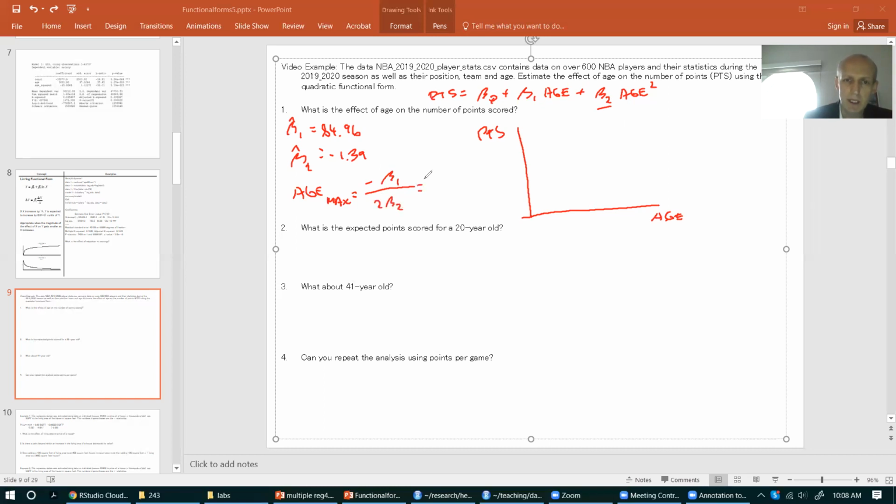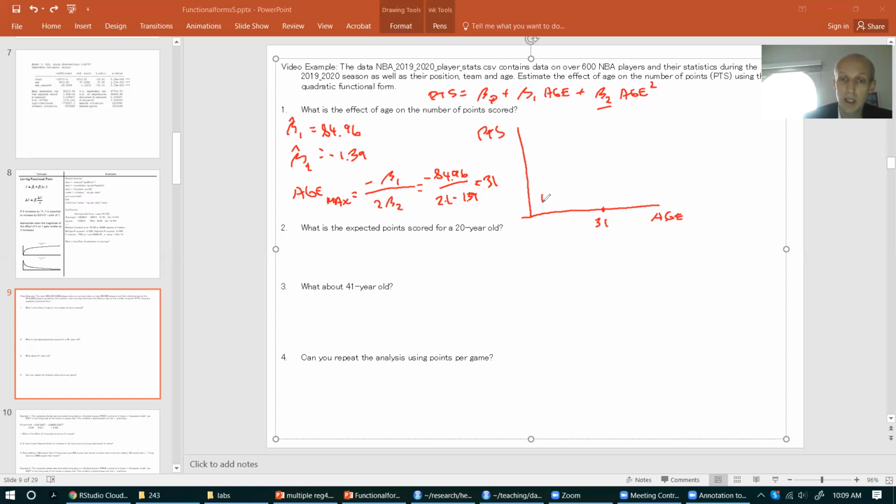So that gives me negative 84.96 divided by 2 times negative 1.39. When I calculate this, putting it in a calculator, I get about 31. So the maximum points are reached at age 31.